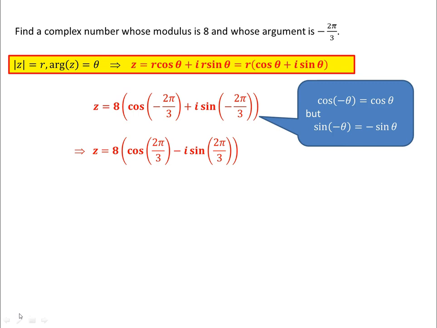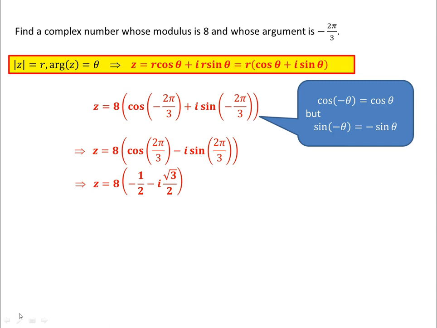Using our calculator, or from our knowledge of the exact forms of trigonometric functions, cos 2 pi by 3 is minus a half, and sine of 2 pi by 3 is root 3 upon 2. So we've got z is 8 times minus a half minus i root 3 upon 2.